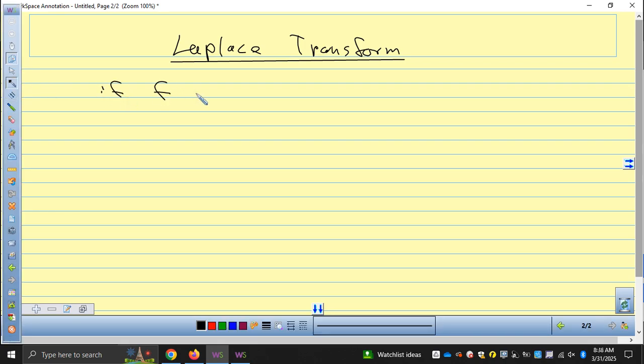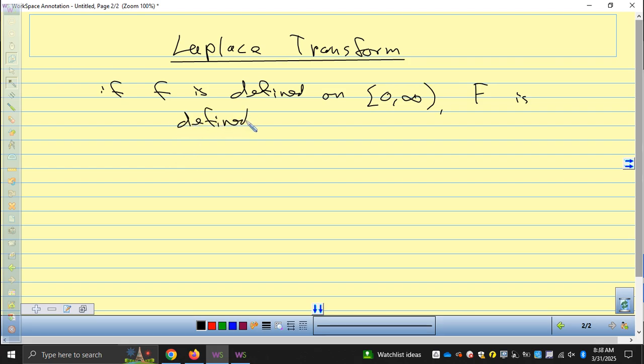So we're going to say f is defined on 0 to infinity, and capital F is defined by F of s equals the integral from 0 to infinity of e to the minus s t f of t dt.